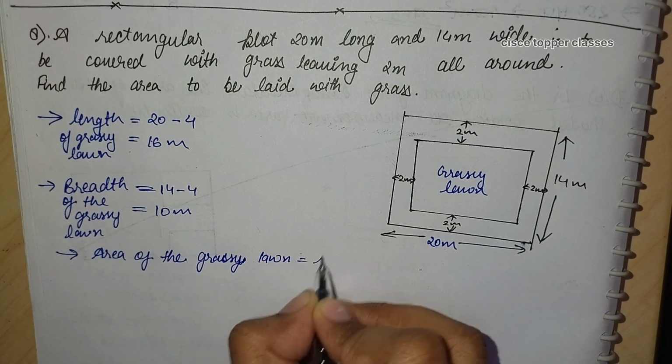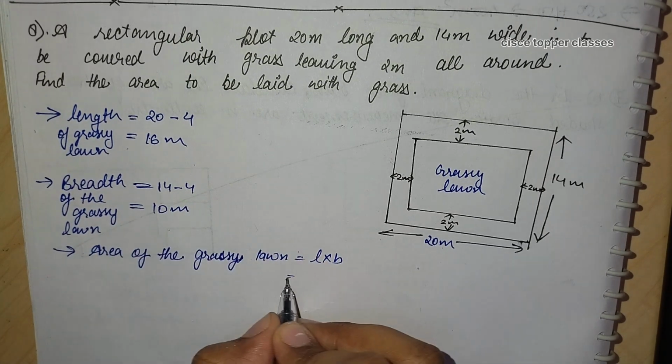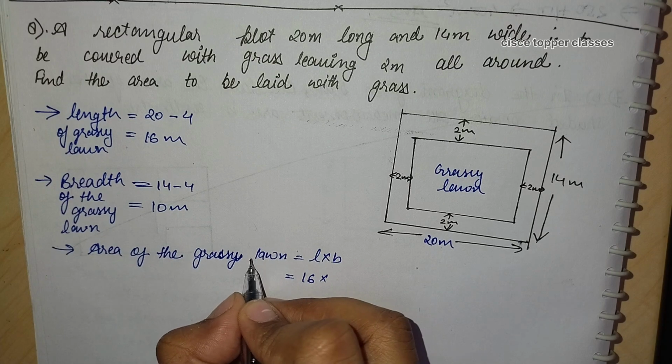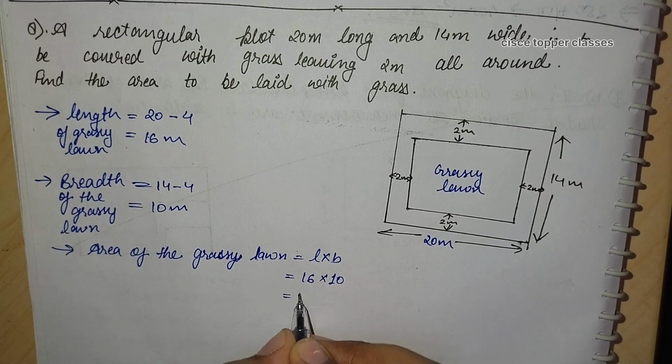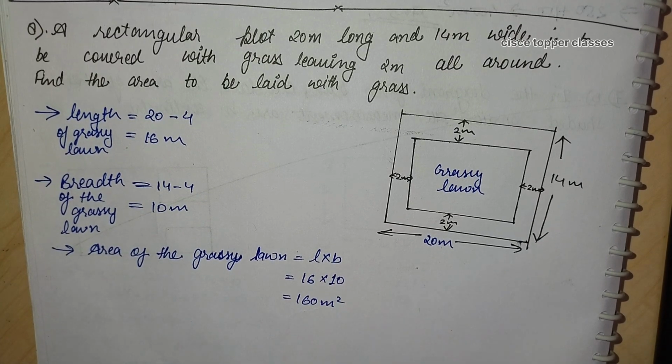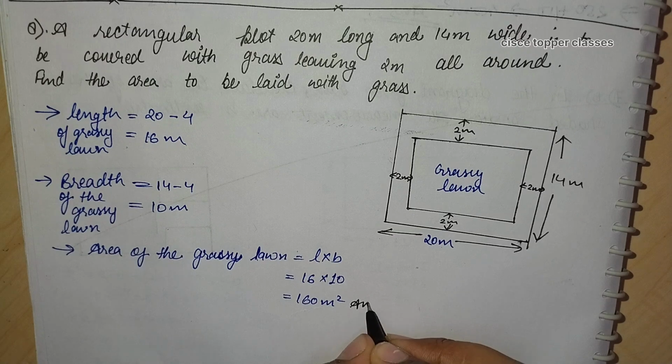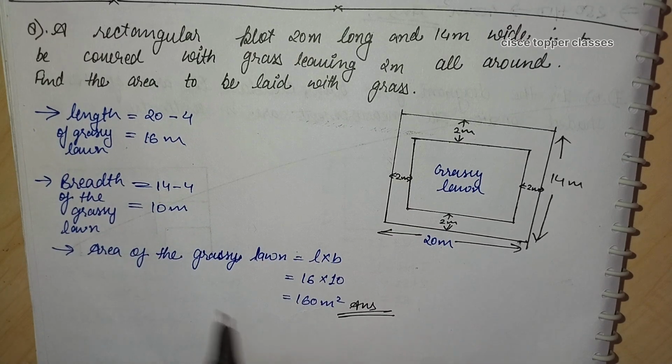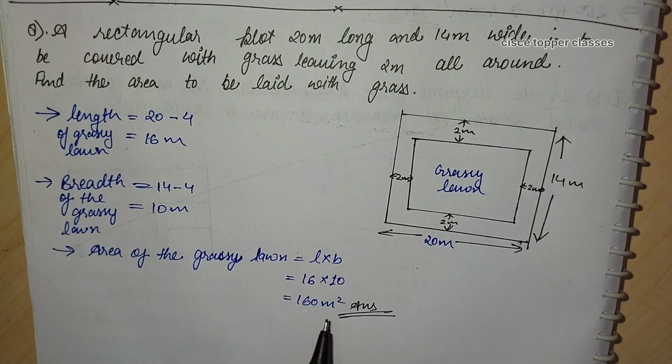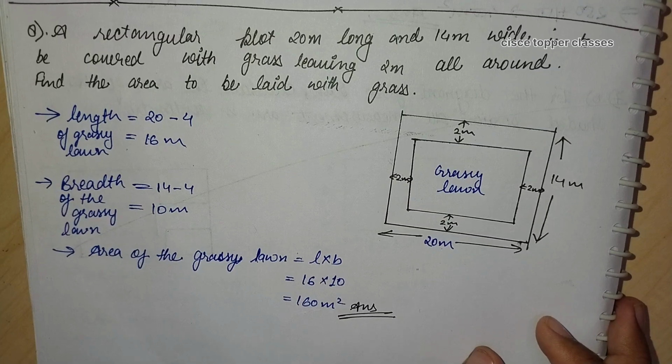The length into breadth will be written here. Length is 16 meter and the breadth is 10 meter. So we can write 160 meter square as the final answer here in this question. So the area of the grassy lawn is 160 meters square and this is the solution of the 8th question here.